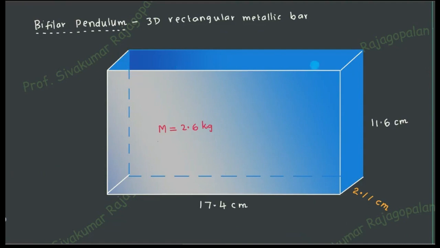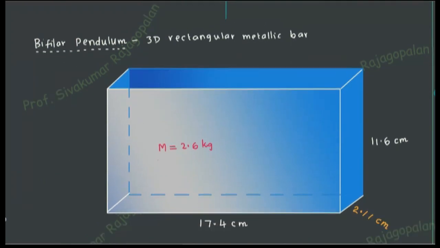So this is how the bar is there, and then you are going to attach it and hang it. All the hanging and the other things are the same. Only thing is that if you want to hang it here, you will have to attach. Those attachments I have not shown.